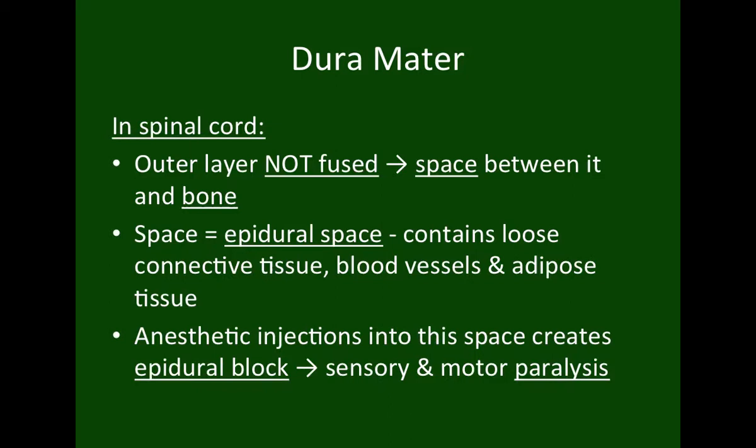This type of epidural block is also the same kind of epidural that is used in labor and delivery. But nowadays, the epidural block used for labor and delivery does not include the motor paralysis part, simply because we need the women who are giving birth to be able to control their muscles. They need to be able to give those motor commands.